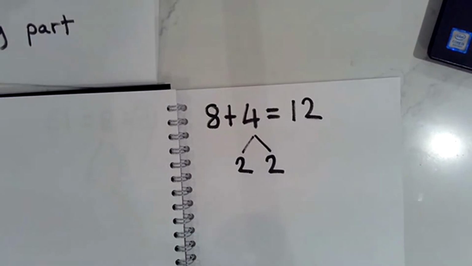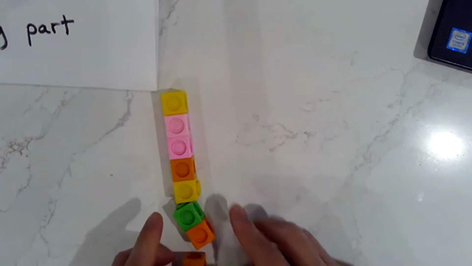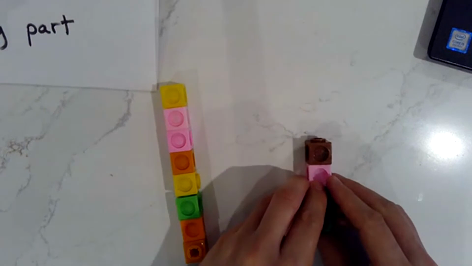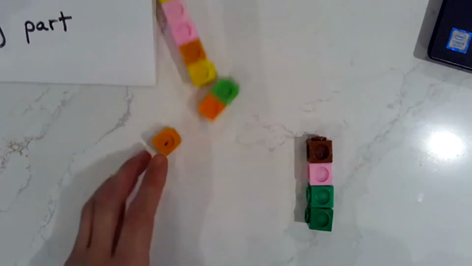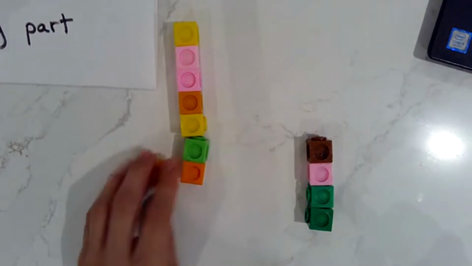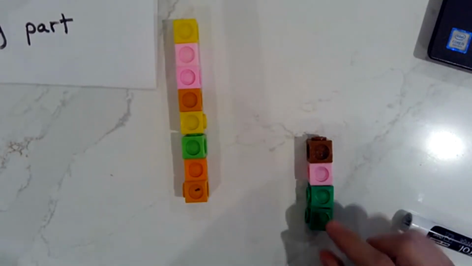Let me show you with the cubes. So I'm doing 8 add 4. 1, 2, 3, 4, 5, 6, 7, 8. So I have 8 and I'm adding 4. Following my steps to success, I need to partition the second number to make 10. So what do I need to add to 8 to make 10? Well, we know our number bonds to 10.